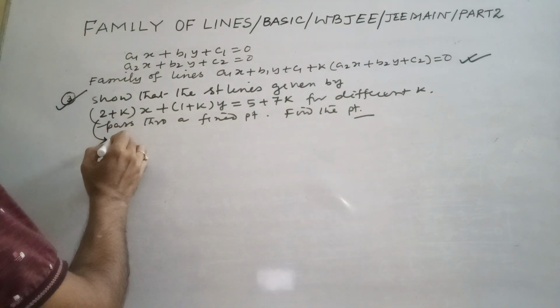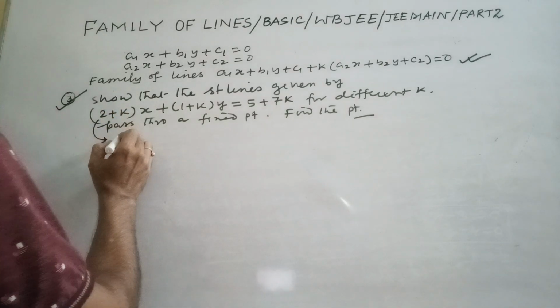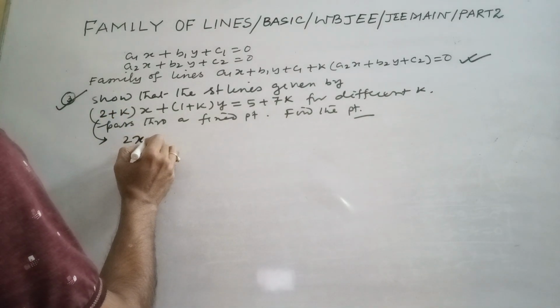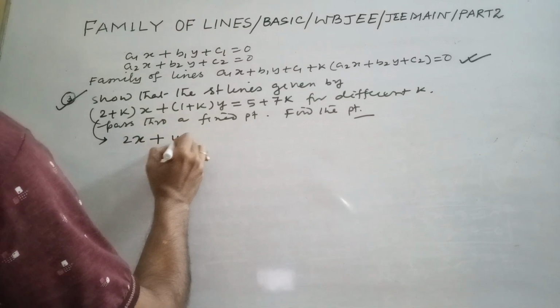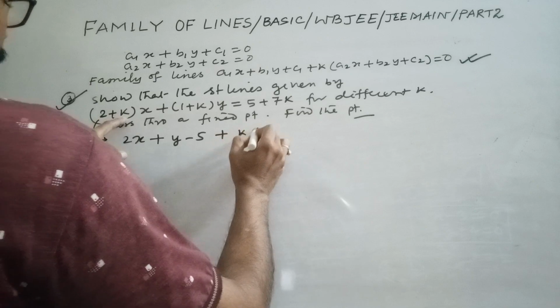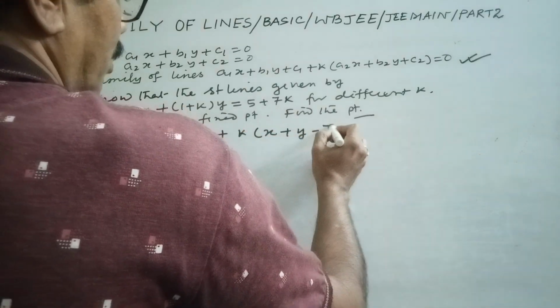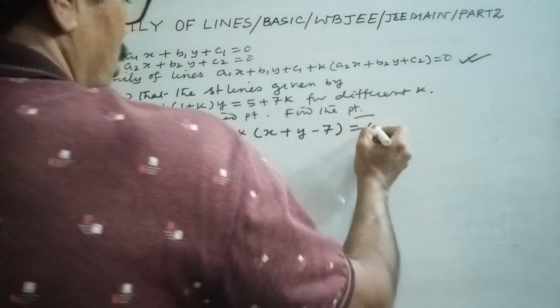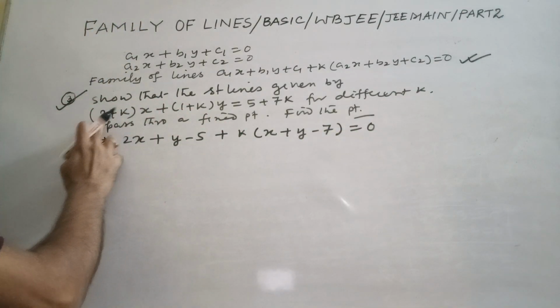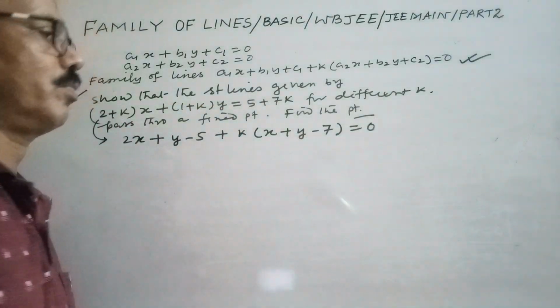So we are getting 2x not involving k: 2x plus y minus 5, plus k common, this is x plus y minus 7 equals 0. So 2x plus y minus 5, plus k into this.